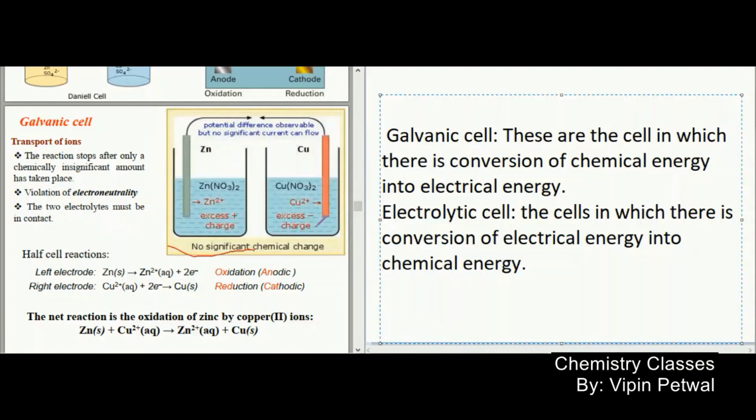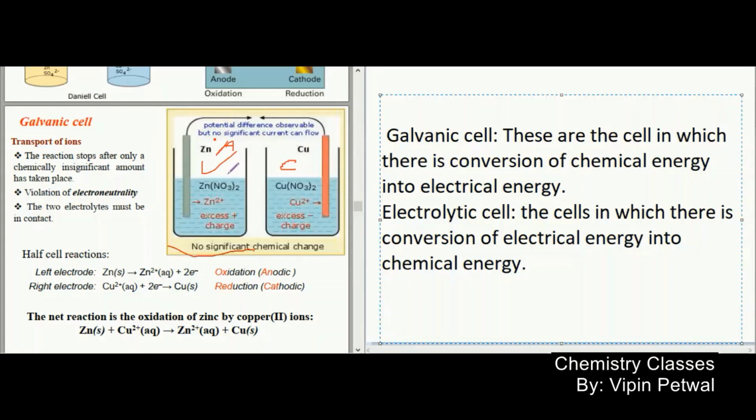In this galvanic cell you can see that here is the zinc electrode, which is called the anode. And this copper is called the cathode.